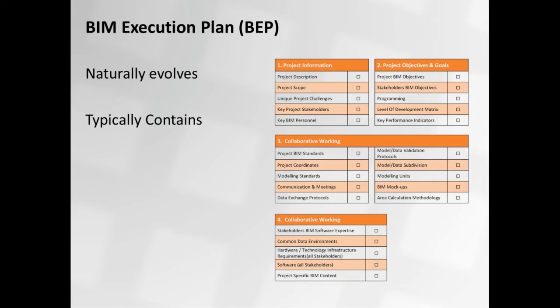So project scope, description, key stakeholders, personnel, the key performance indicators that we're going to use to evaluate the quality of all of this, how we are actually coming together, what standards are we using in terms of modeling, what type of protocols are we going to agree and use, and so on, units and such. But a lot of information comes at this soft end of the collaborative working that might seem trivial, but actually takes a lot of negotiation to clarify.